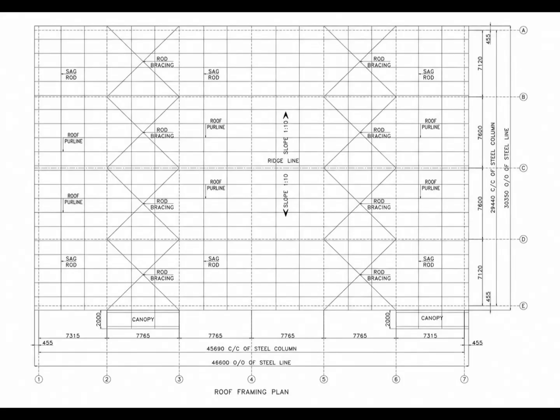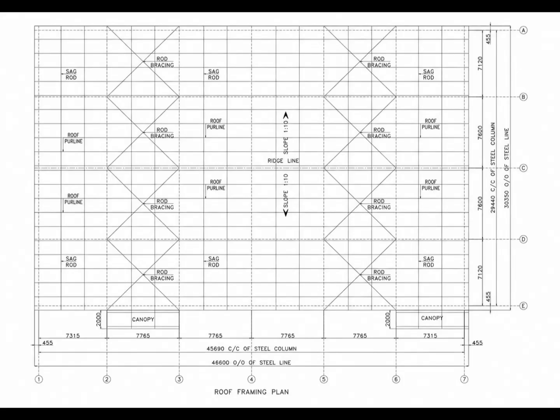These are identified separately as rod bracing. The sag rod labels, on the other hand, are shown in other portions of the roof framing arrangement. Therefore, when reviewing a PEB drawing, always pay attention to the exact label and the exact location of the member.